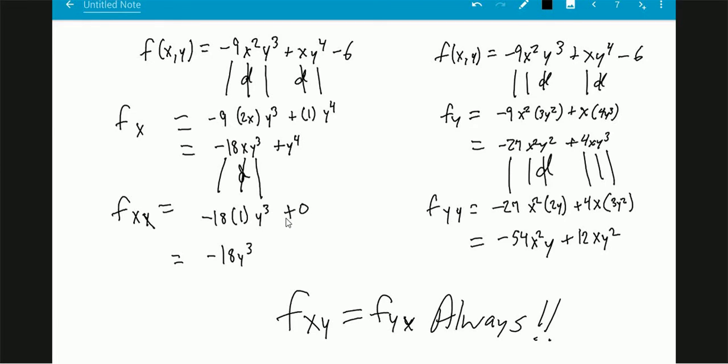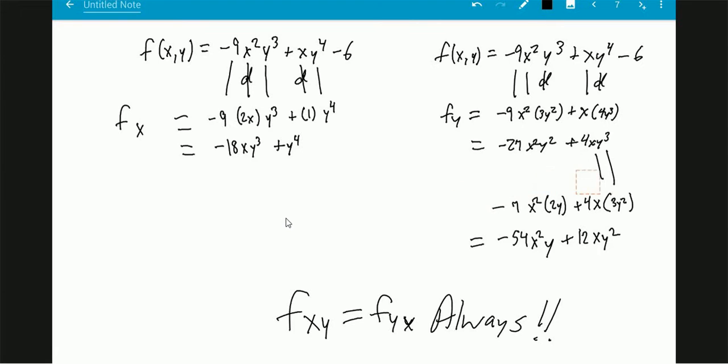You could look at f sub x and do the derivative with respect to y, or you could look at f sub y and do the derivative with respect to x. Either one should give you the same answer. So I'm going to go ahead and erase f sub double x because we don't need that anymore. I'm going to erase f sub double y because we don't need that anymore.